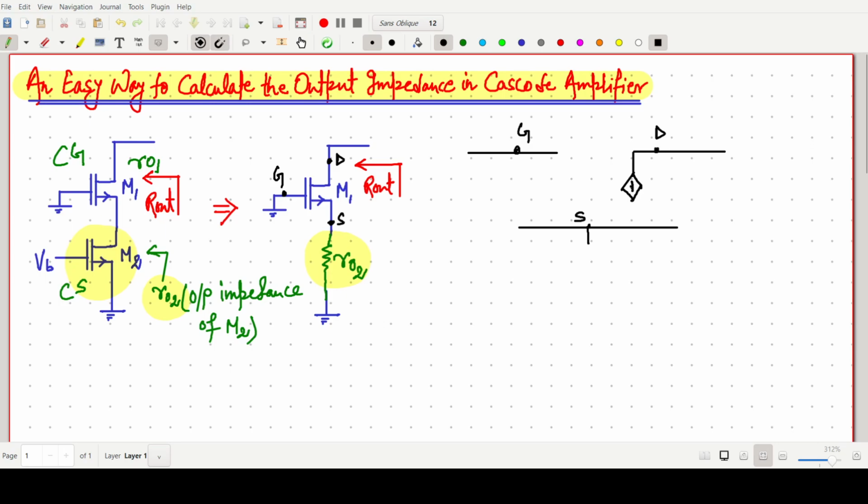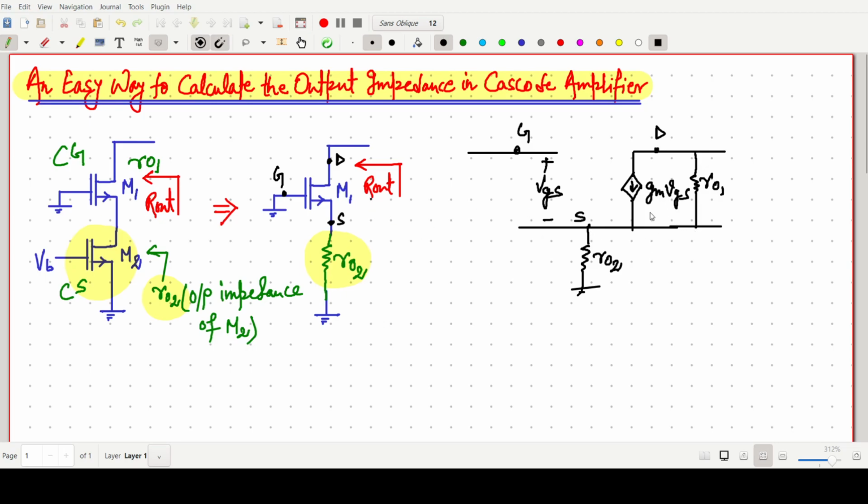We have to draw the equivalent diagram, gm vgs, and this should be our vgs. This r02 is connected to the source side, so this should be our r02, and the output impedance of M1, that is the finite output resistance, I am adding as a resistor here, r01.